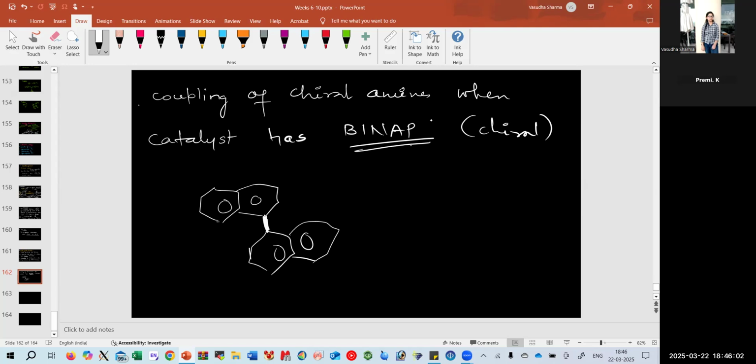So when you're using a chiral ligand, you end up having a chiral product, and when the coupling with chiral ligands is happening, generally we end up getting retention of configuration, where whichever side your leaving group is on, at the same side you're going to get your product formation. It is not going to invert the configuration. So this is the beauty of this particular reaction.